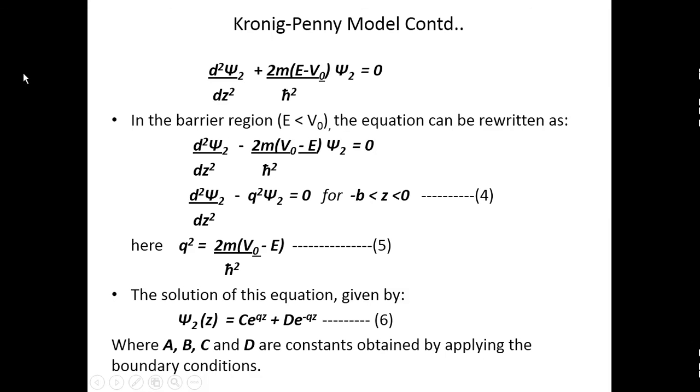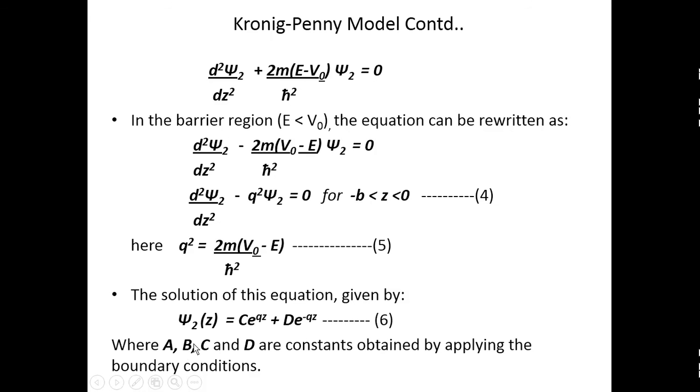Of course, the same thing is written here again, and we get the solution for this equation to be psi 2(z) is equal to C e^(qz) plus D e^(-qz). Okay, these are also the equations readily available by solving this equation.